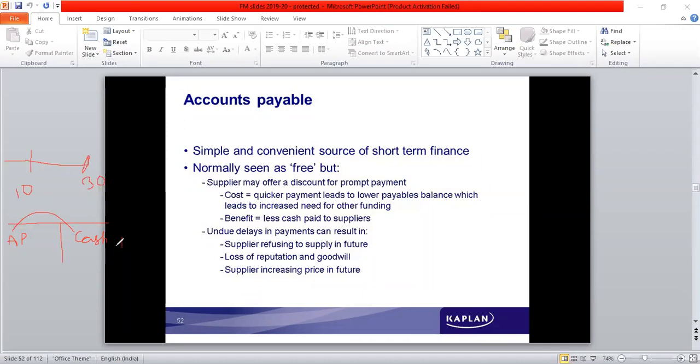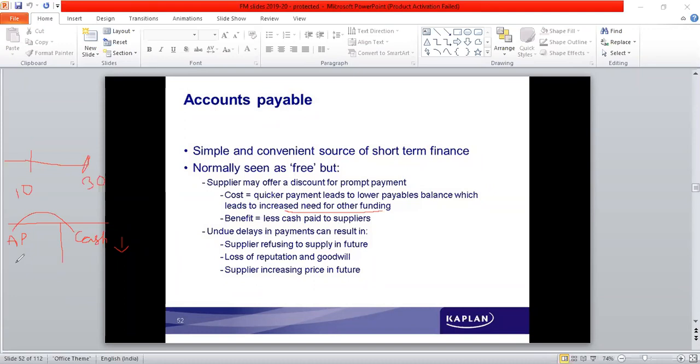When the cash balance reduces, they will find it difficult to meet their day-to-day requirements. So they have to approach other sources of finance, maybe a short-term loan, a medium-term loan, or a long-term loan.